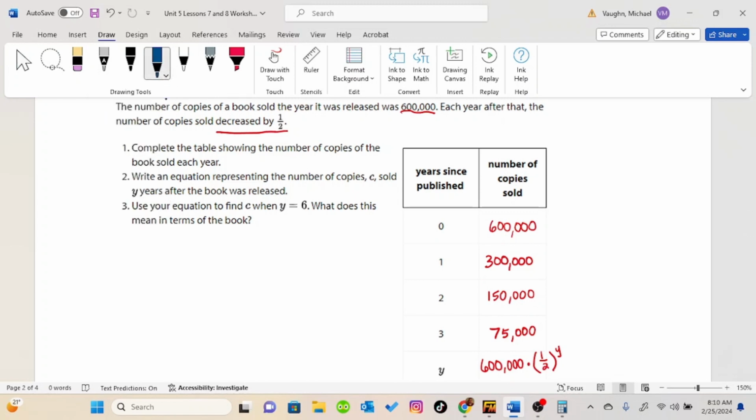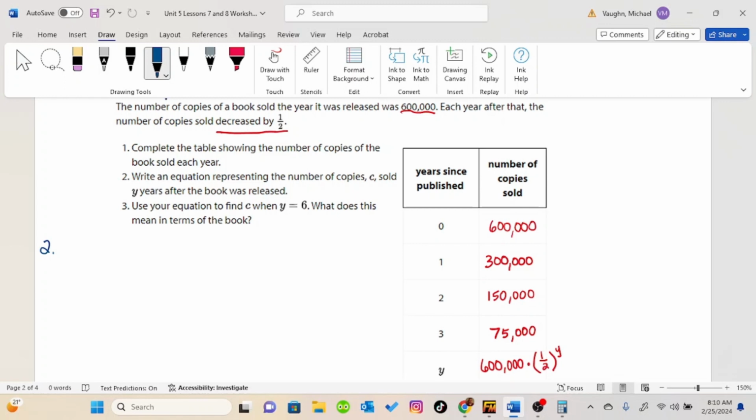Number 2, write an equation representing the number of copies C sold y years after the book was released. So all we need to do is take that final generic expression that we wrote and turn it into an equation.